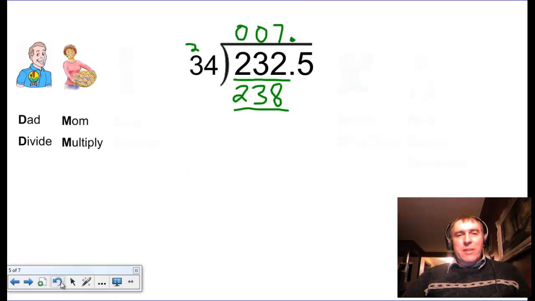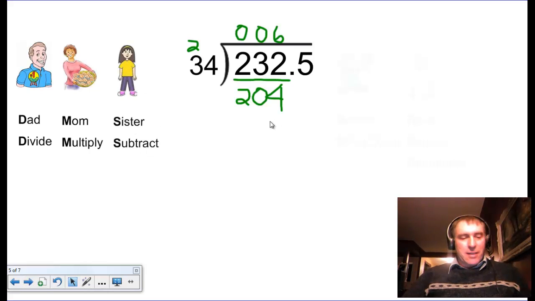So we redo this, and now we know the answer must be 6. So let's go to 6. 6 times 4 is 24. 6 times 3 is 18, 19, 20. And now the next step, the family tells us that Sister is next, and we are supposed to subtract.